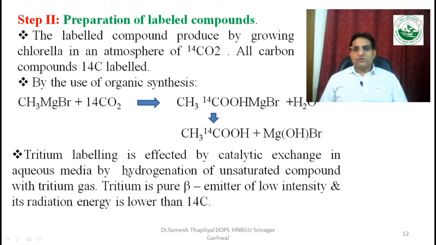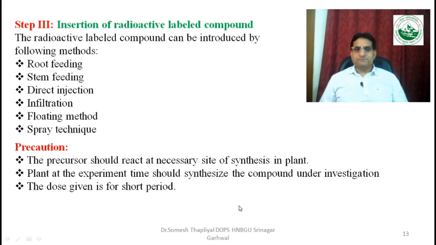Basically it is used for catalytic exchange in aqueous media by the hydrogenation of unsaturated compounds. Unsaturated compounds are compounds which have double and triple bonds, whereas saturated compounds have single bonds. So tritium labeling can be used by the hydrogenation of unsaturated compounds, and they will produce radiation in the form of beta rays.